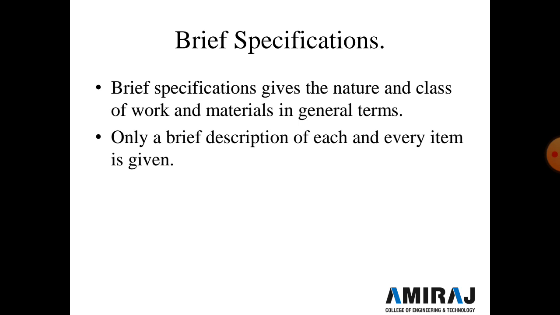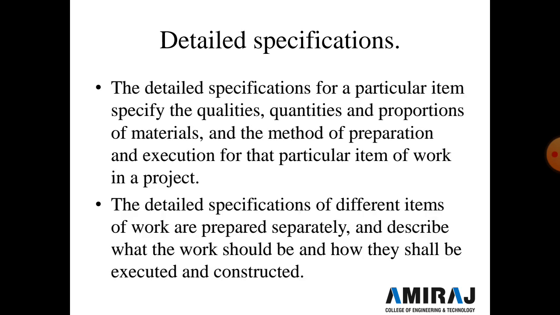Here the second type of specification is a detailed specification. The detailed specification for a particular item specifies the quality, quantity and proportion of material and the method of preparation and execution for the particular item of work in a project.